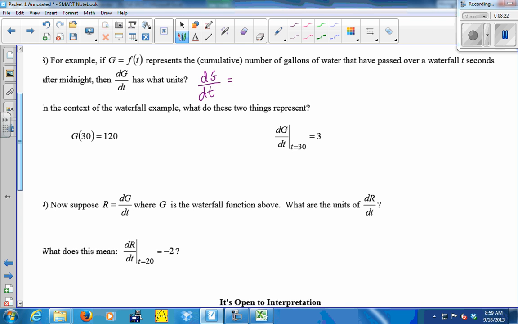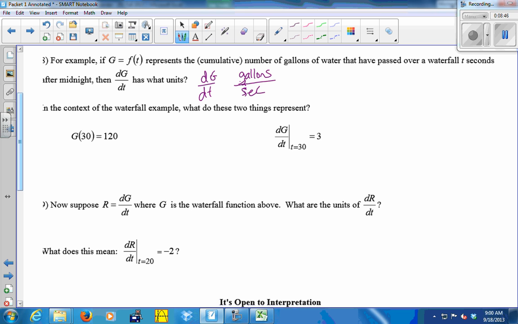So what are your units on G? Gallons. And what are your units on T? Seconds. So that's gallons per second. dg dt is measured in gallons per second.